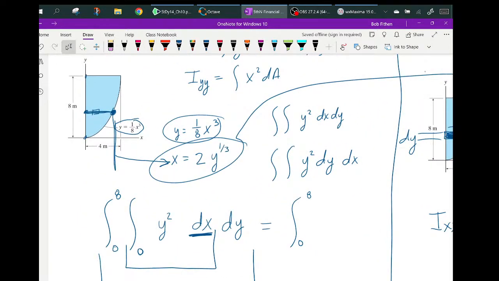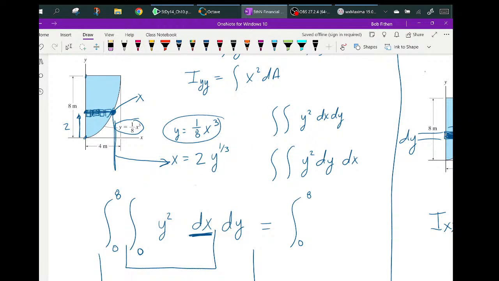I'm taking this box and I'm stacking it from left to right. I get all the way out here to the value of x. What is the x value there? It depends on the y. So if I'm up here at a value of like 2, what's the value of x there? We'll put in 2 right here. That tells you what that x is.